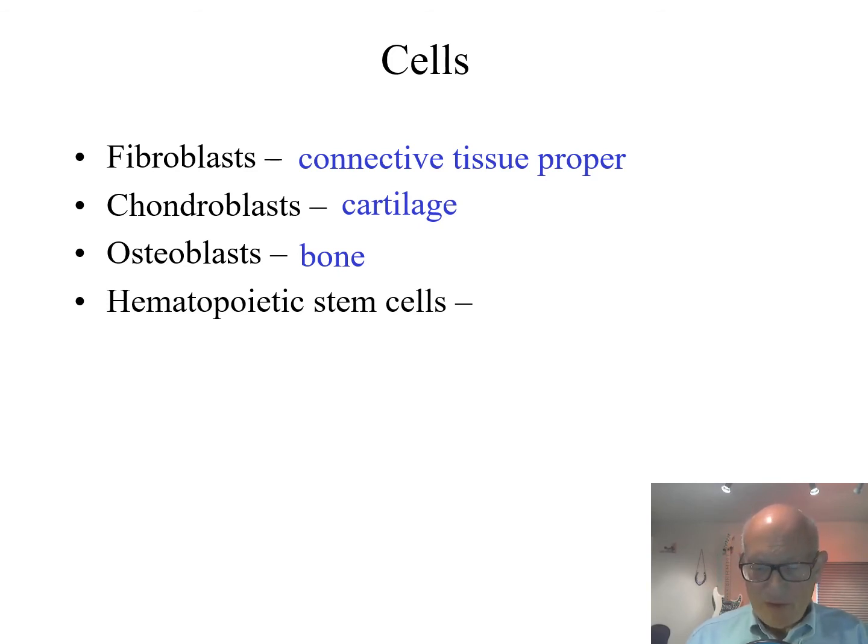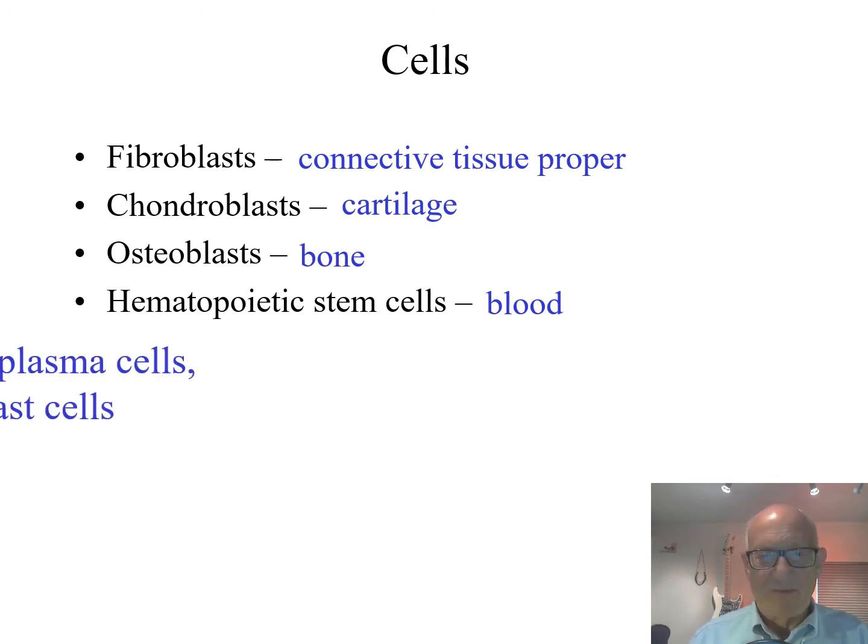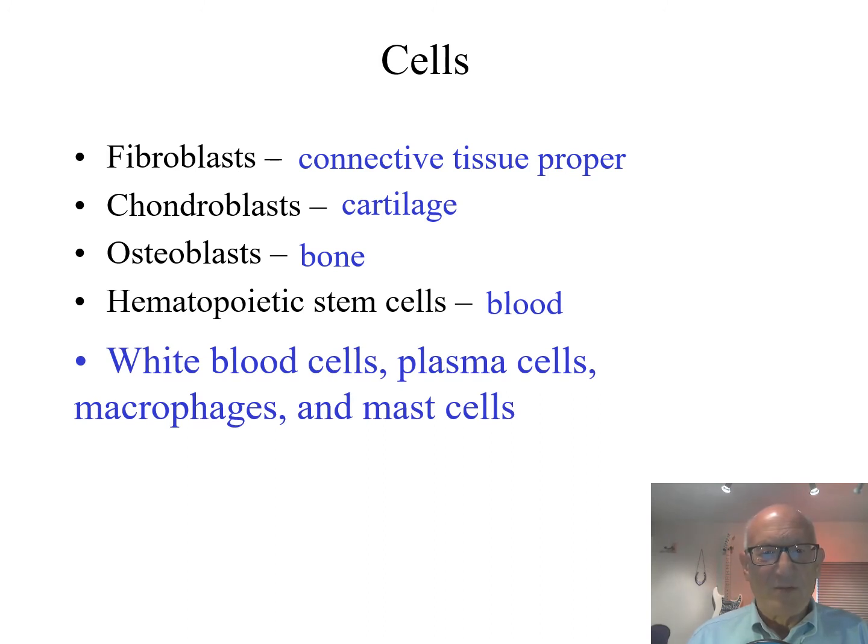And hematopoietic stem cells that are the blood-producing cells. We also find in the matrix white blood cells, plasma cells, macrophages, and mast cells. These are all immune system cells that have the job of protecting the cells and tissues from invaders.